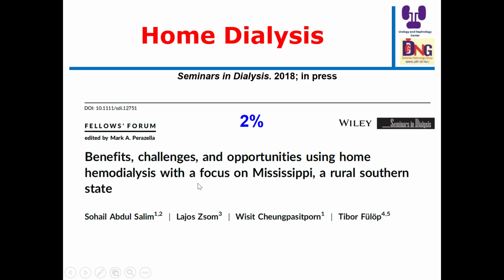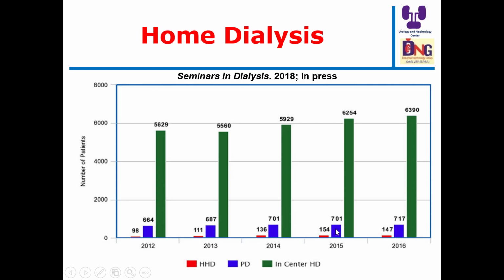Regarding home dialysis, this is the data from Mississippi, and it is still a minority. Low numbers of patients are supported by home dialysis, and the most common home dialysis is peritoneal dialysis, as reflected by the blue colored bar here. The blue bar reflects peritoneal dialysis, and the green bars refer to in-center hemodialysis.